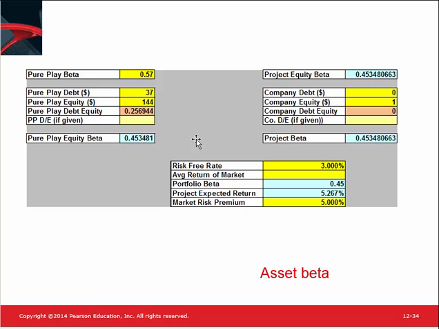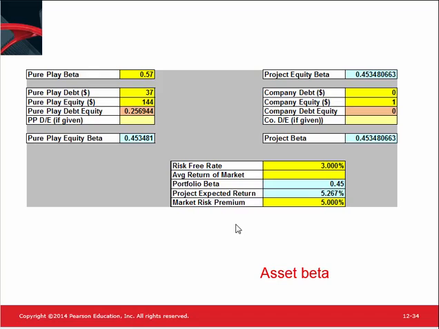When you plug in that 0.453, we know the relationship. The 0.453 goes down below here, 3% is the risk-free rate, here's the market risk premium, and that's where we came up with the 5.267%.